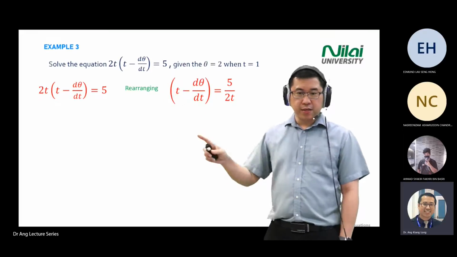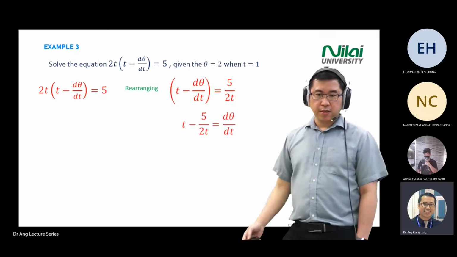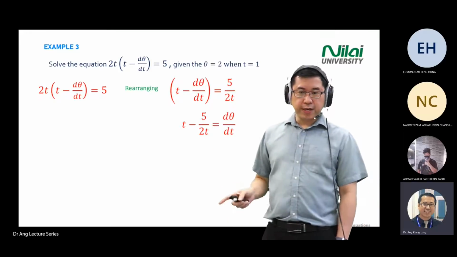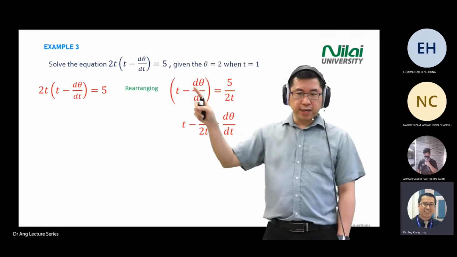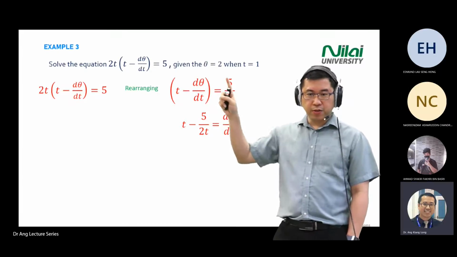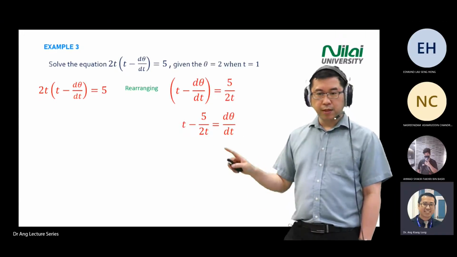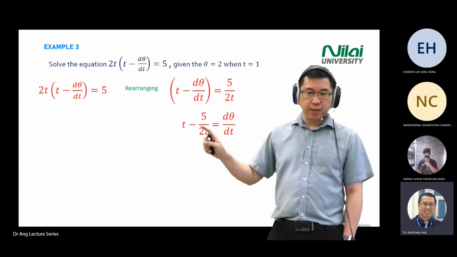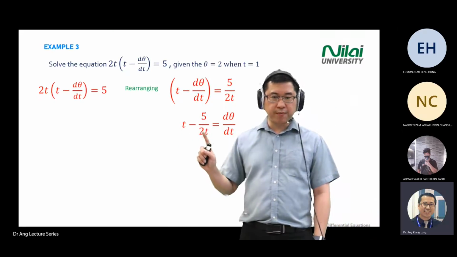Remove the bracket, you see t minus d theta dt. You move the negative to the right hand side, you get positive. You move this one from right hand side to left hand side, you get negative. This is the answer I'm looking for: d theta dt equals t minus 5 divided by 2t.